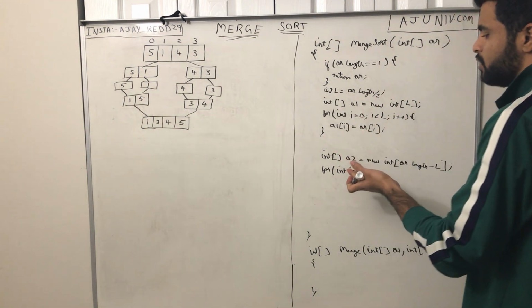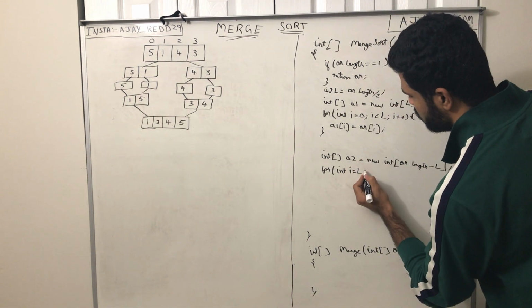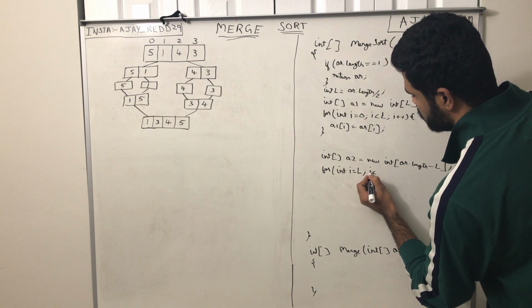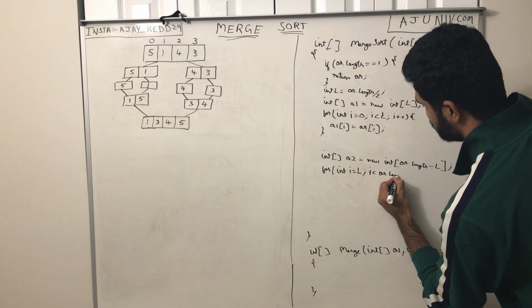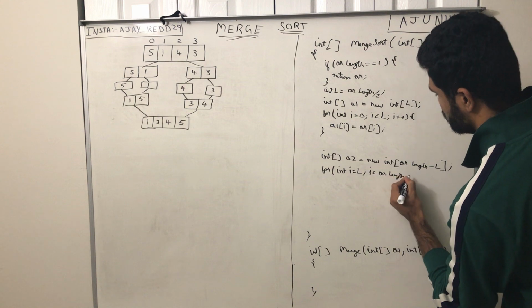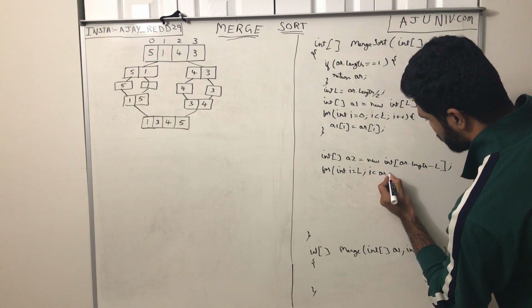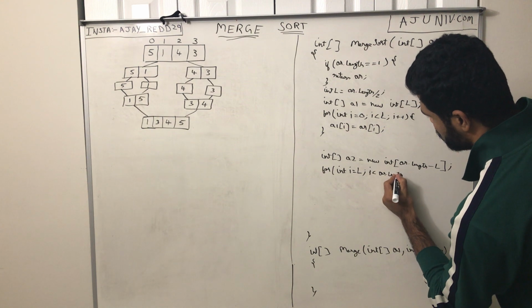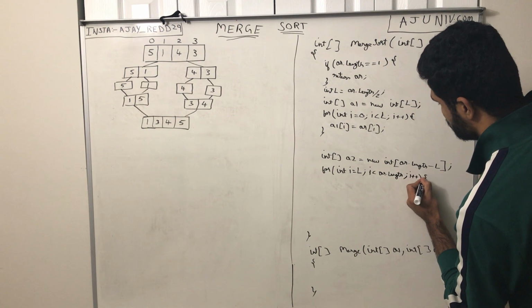So I have to start adding the elements in this array from L. So I will start with L, I is less than array dot length, and I plus plus.